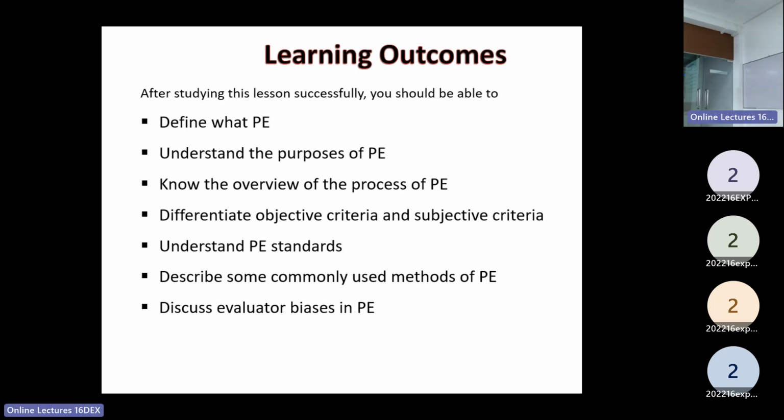Likewise, when it comes to performance evaluation, the evaluator will make some mistakes. So due to that, you may not make a successful evaluation. There are some biases, problems and errors we will discuss so that you can take actions to mitigate these problems. Okay, that's clear. So these are the learning outcomes.